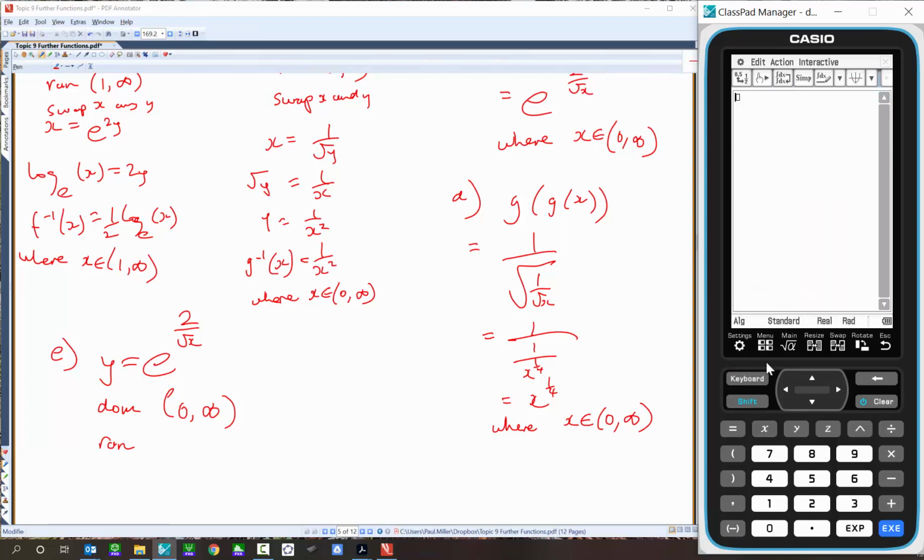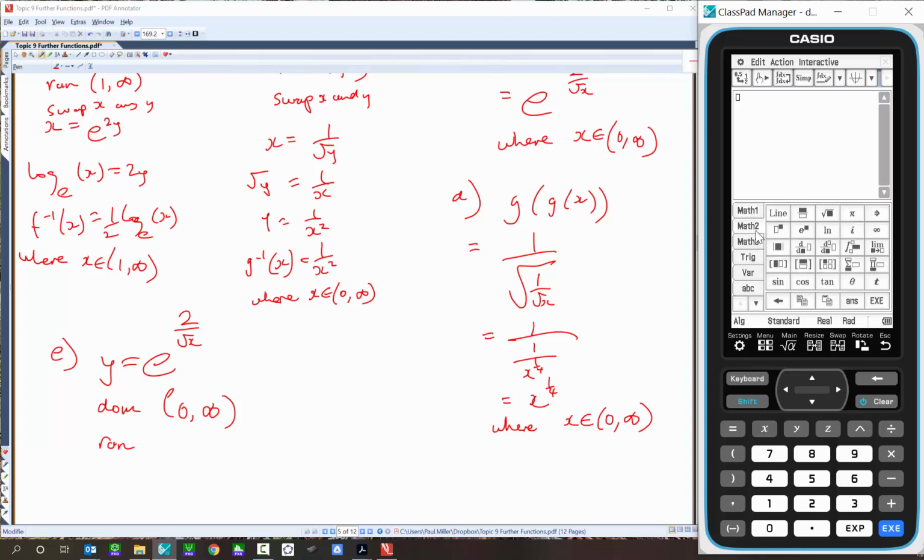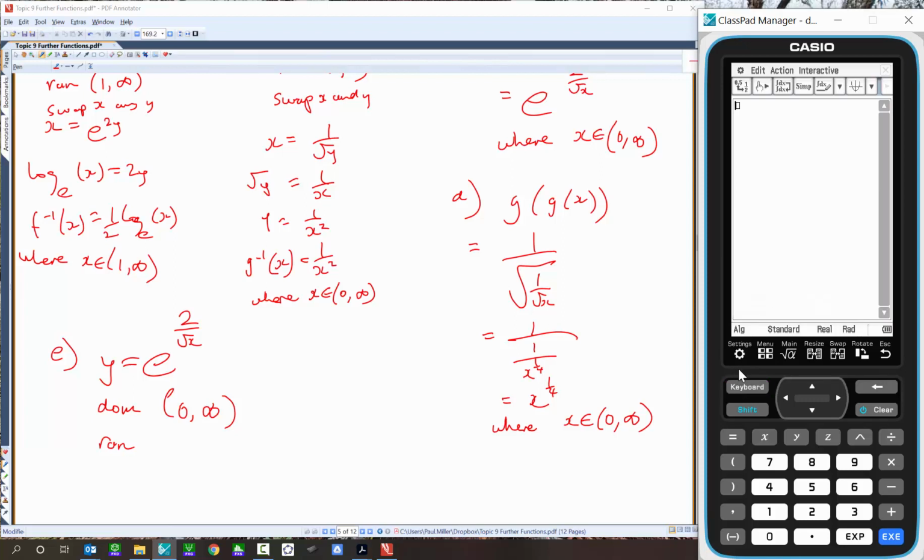So I'm just going to have a look at the function itself. So 0.1, I'm not sure what this graph looks like. Where do I want to go?